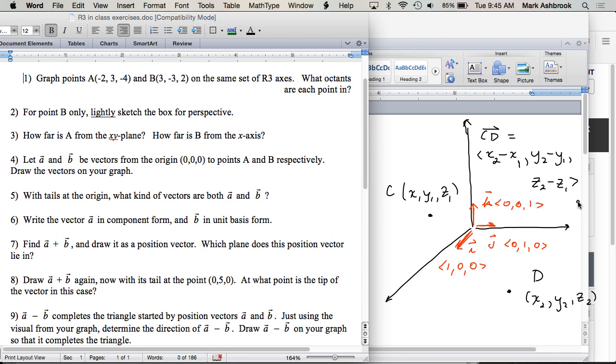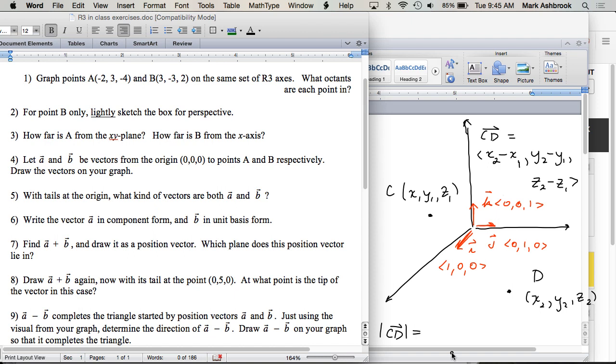Okay, what's the magnitude of CD? We're going to start a new statement, because now we're going to write a scalar, not a vector. We're going to write a number. So this is a new statement, and we're at the magnitude of CD. It's a kind of three-dimensional Pythagorean theorem, like the diagonal of a box.